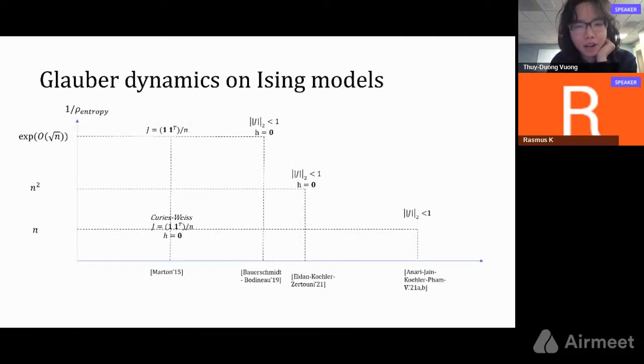So this is some prior work and history on this problem. For a very simple model like the Curie-Weiss model, it had been studied for a while, but bounding this entropy conduction by 1/n was previously mainly only known when the external field is 0.